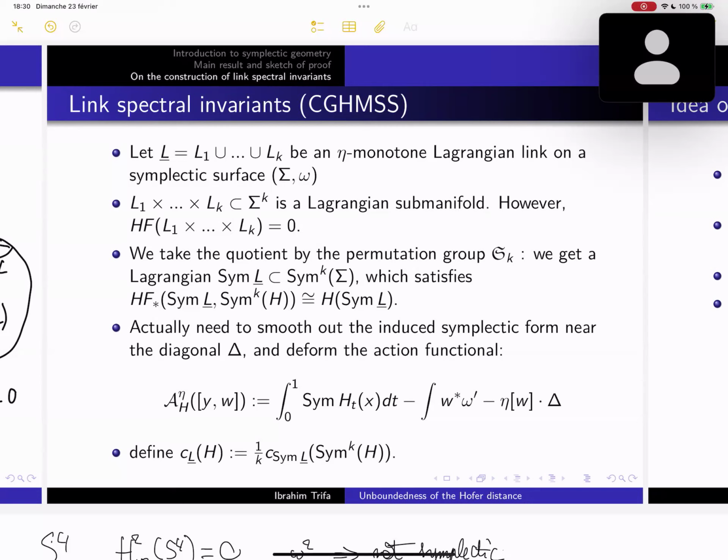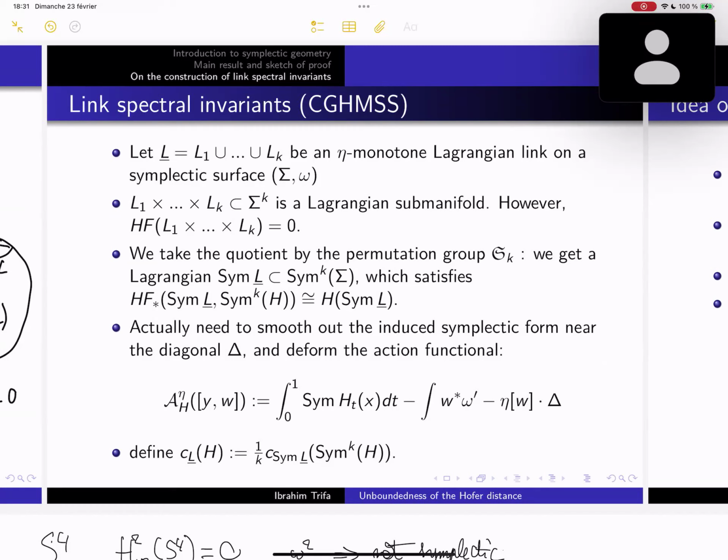So this meant that basically the areas of every connected component of the complement satisfied some equation involving the number of boundary components and this constant eta. So we want to define a spectral invariant using this Lagrangian. So one idea would be to take the product of the L_i that lives in the Cartesian product sigma to the k. So here sigma is the sphere.